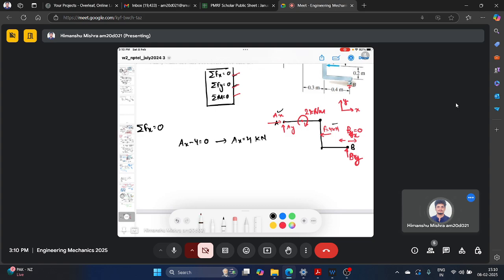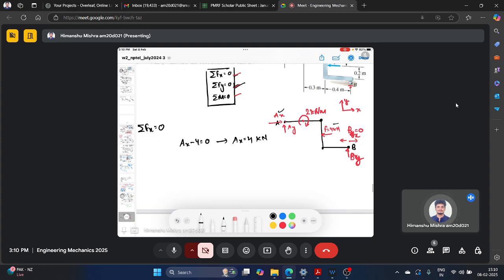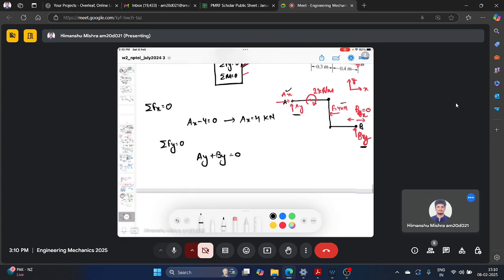Then if we use the second equation, where the summation of force in the y direction is 0, then we will have unknown Ay with an unknown By. So this will look like Ay plus By equals 0.